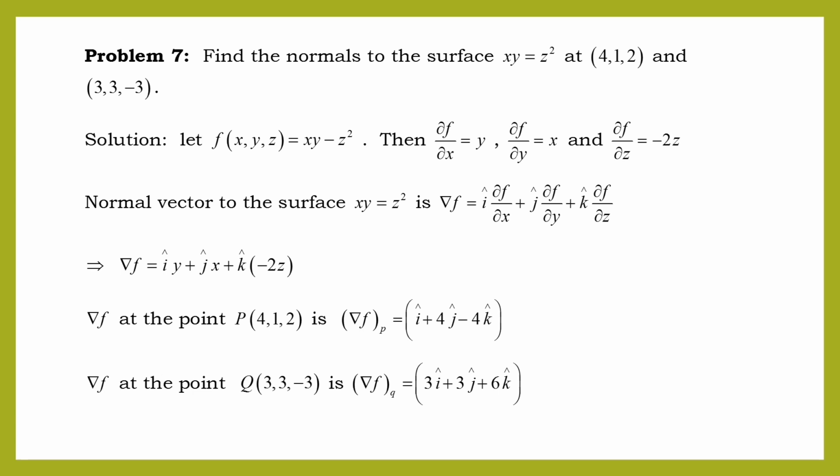Now we need to find out del f at the point Q equals 3, 3, minus 3. At this point, x equals 3, y equals 3 and z equals minus 3. If we plug in these values in del f, then del f equals 3i cap plus 3j cap plus 6k cap.